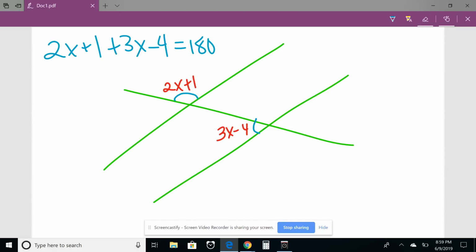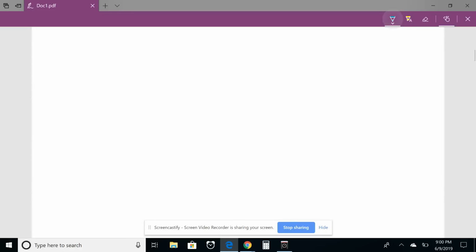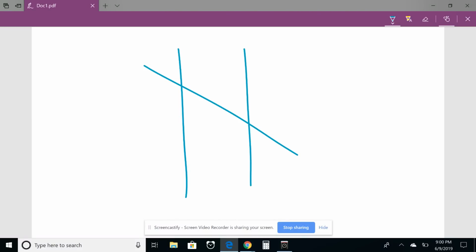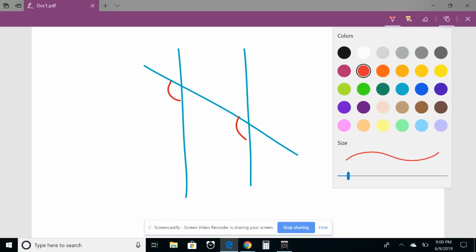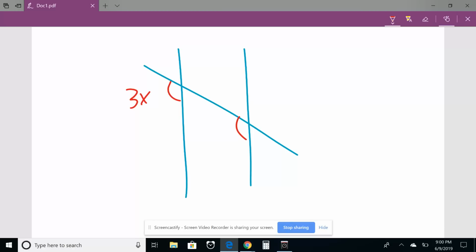All right, let's look at another example. Actually, let me do a different diagram. Okay, these two angles, I'll label this one 3x plus 4 and 2x minus 10.